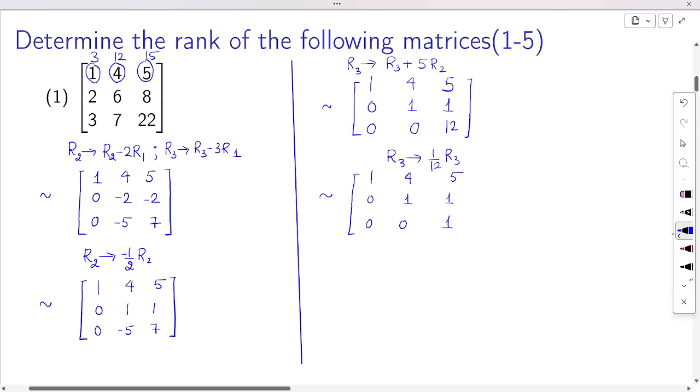Now this matrix is in its row echelon form and it has 3 non-zero rows. So the rank of this matrix is 3. Rank of the given matrix is equal to 3.